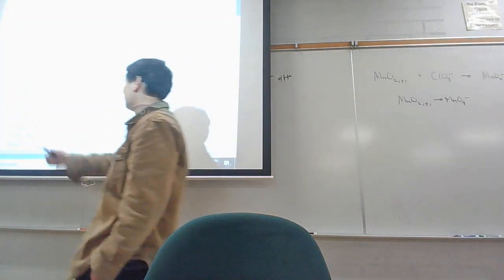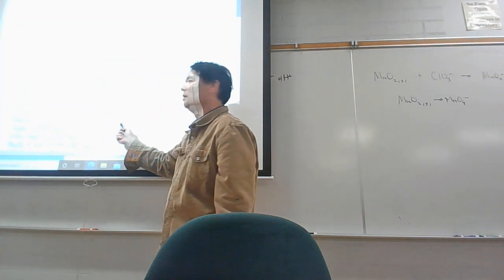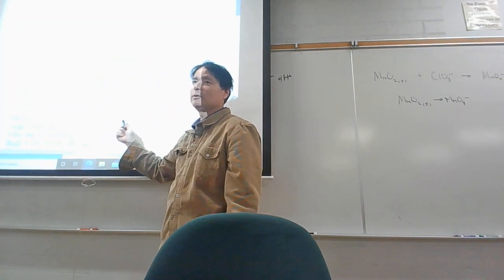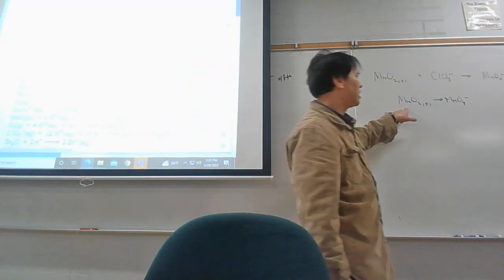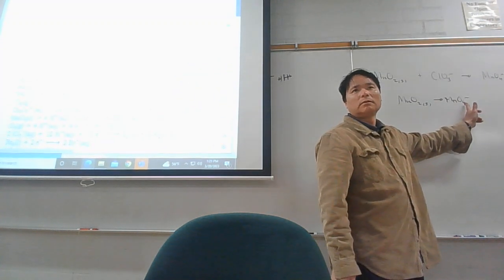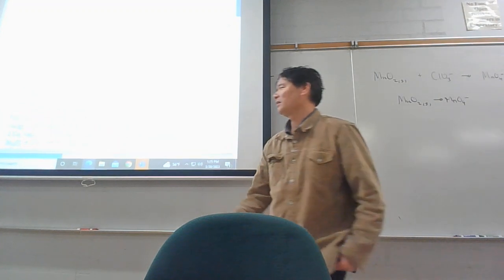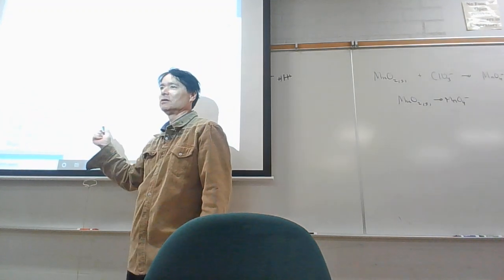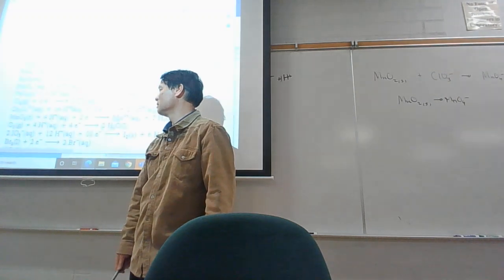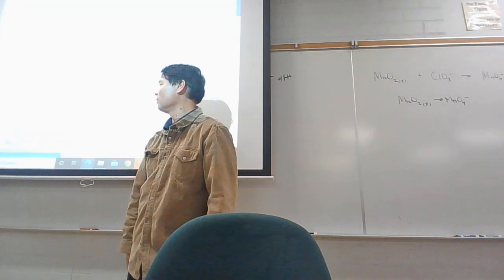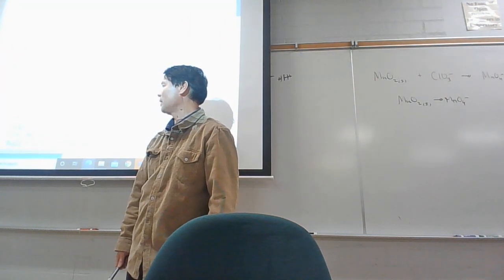So this is manganese 4 oxide goes to manganese 2+, but we need manganese 4 oxide going to permanganate. Unfortunately, this isn't going to work for us either because it's not quite what we're looking for. So we may end up having to do the work.